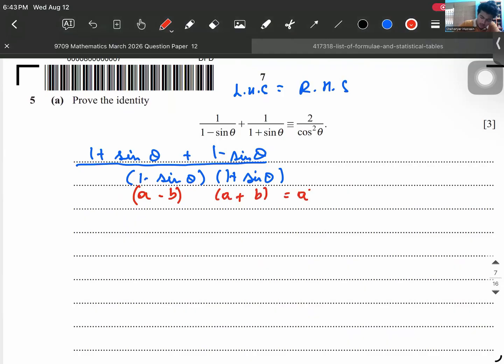That will be equal to a square minus b square. In the numerator, positive sign and this cancel out. So I guess we pretty much proved it, right? We've got 2 and we are left with, well, not pretty much. Let's just focus on it first. So the denominator becomes 1 square minus sine square theta.